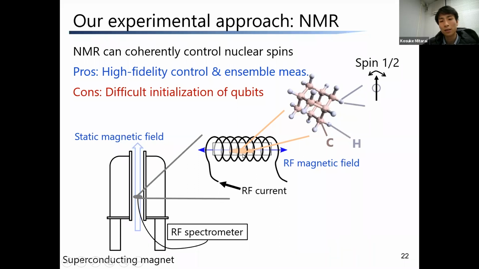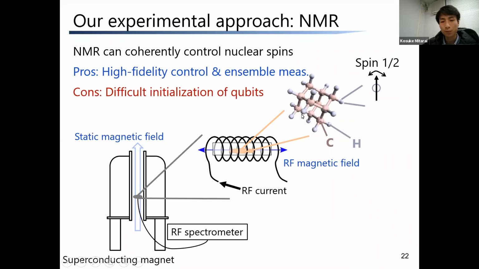And in here there's a sample, and this molecule is called adamantane, and we use this molecule in our experiment too. Usually the molecule here is an organic molecule, which consists of C and H, and this hydrogen atom has a spin half.